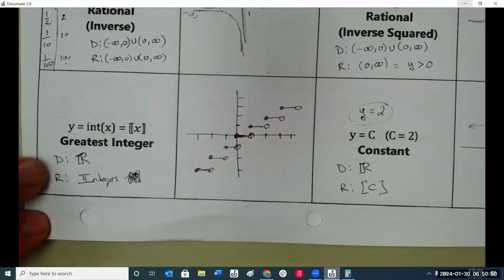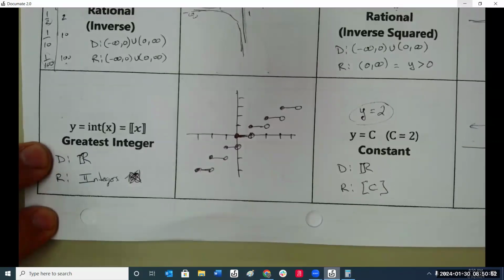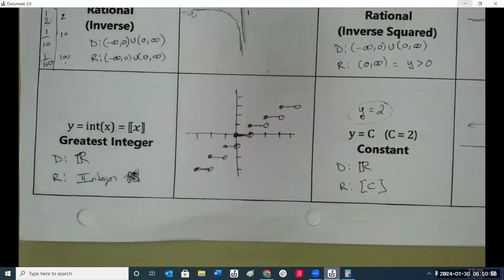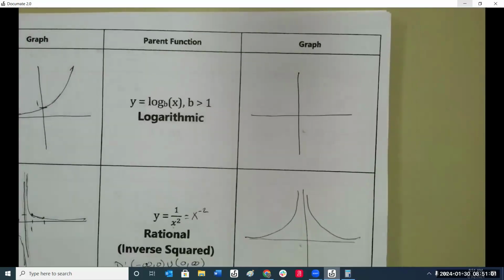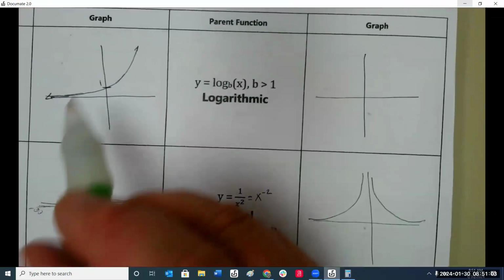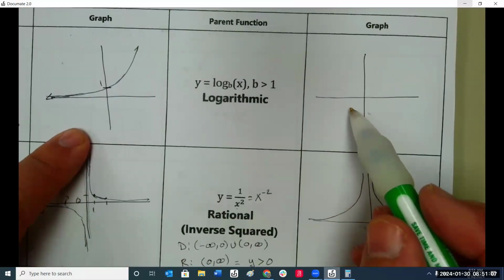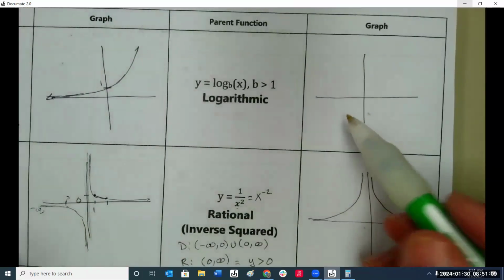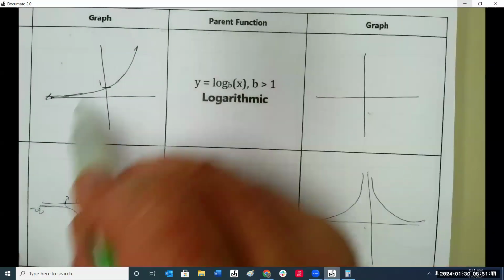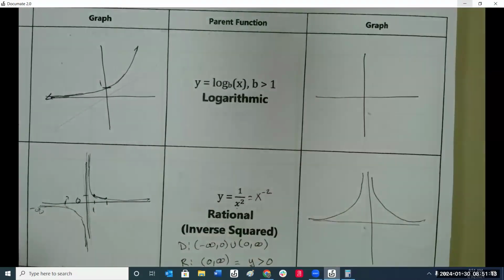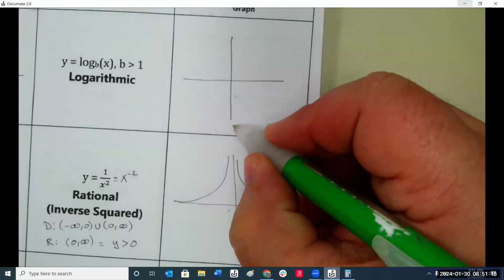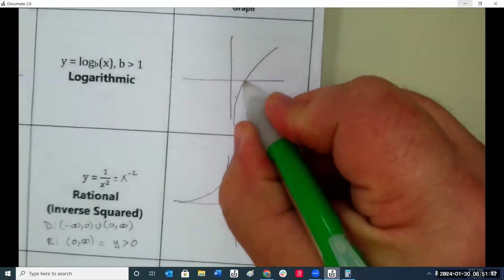Ooh, we skipped one. The logarithmic function. We were getting there, but I got sidetracked. So remember, the exponentials and logarithmics are inverses of each other, which means I flip it across the y equals x line, which means my graph will now look like this.